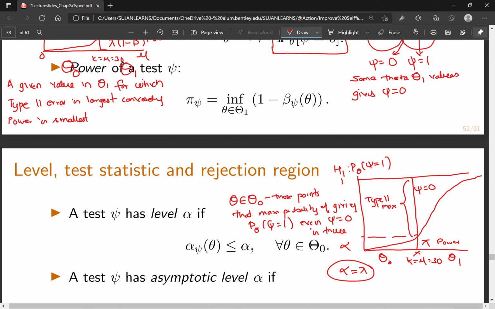And I believe these points are really close together, even though they're not the maximum point.